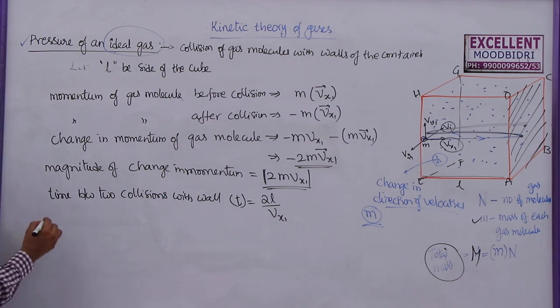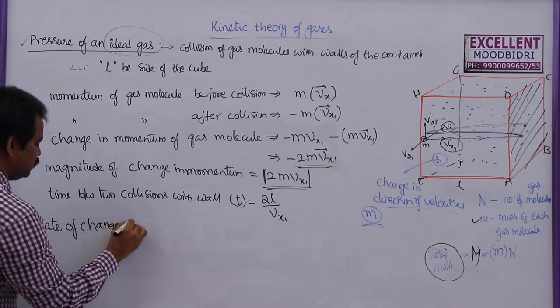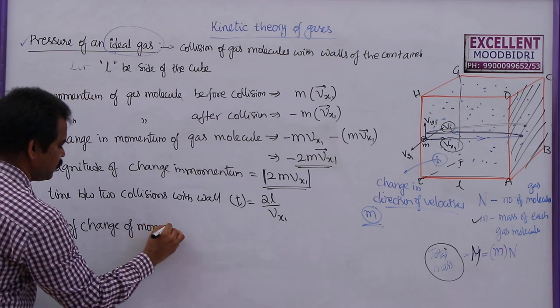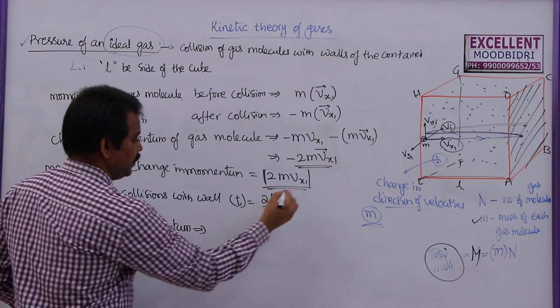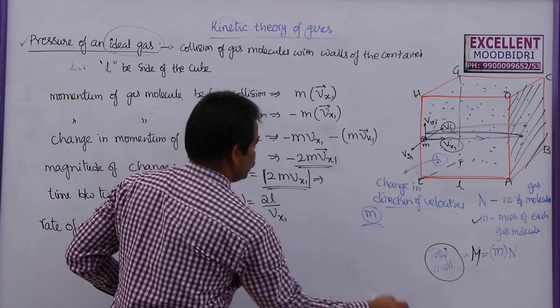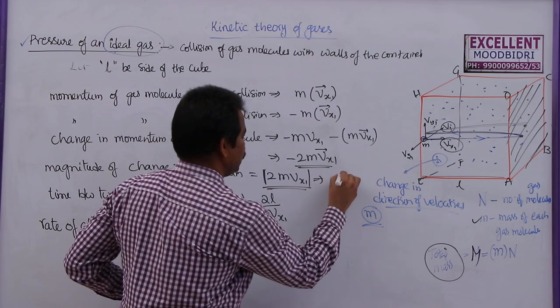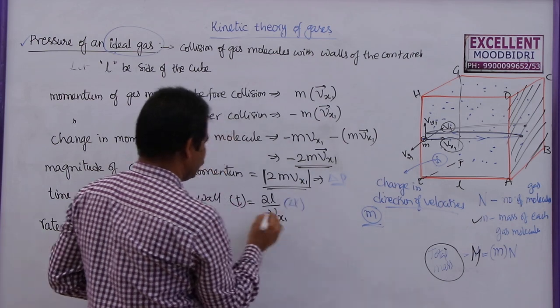So from Newton's second law, the rate of change of momentum of this particle is given by, this is change in momentum, delta P, and this is delta T, very small time.